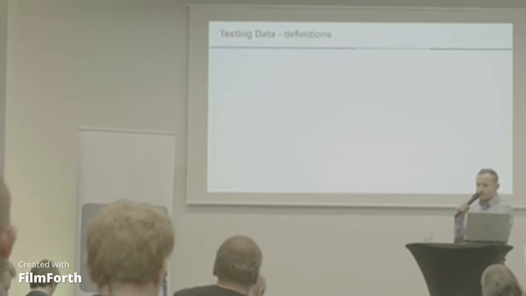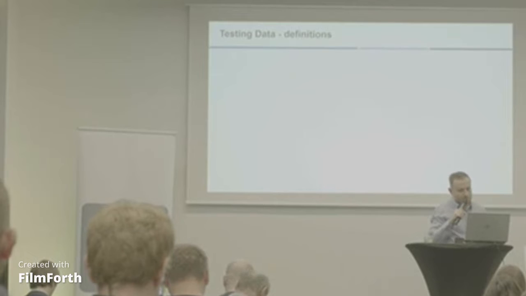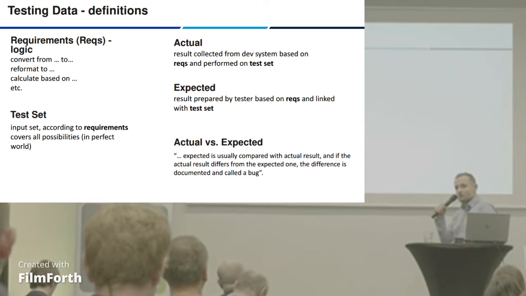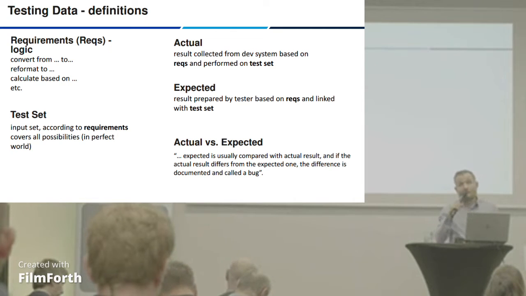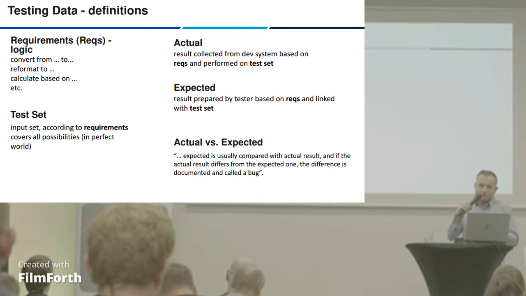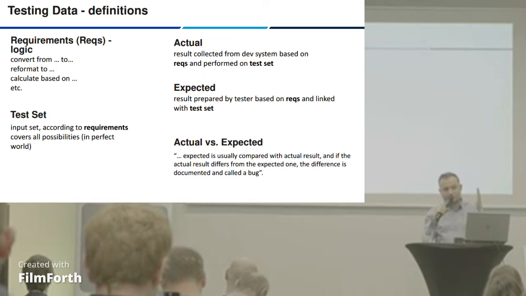All right, so in testing data we've got some players, some objects. Probably you know these guys very well. Requirements in testing data. What is it? This is a logic, the algorithm for how we can convert our data. As you can see in the example, we convert a column from the source to another column in that way.